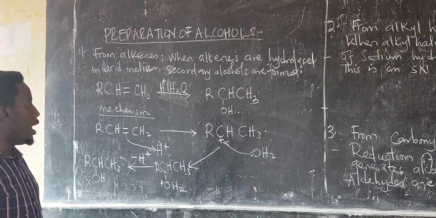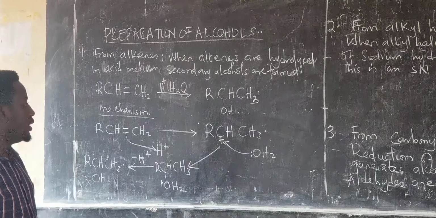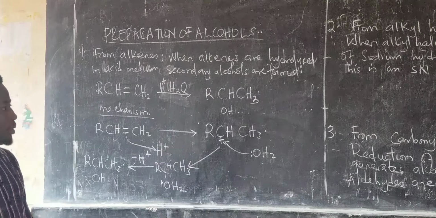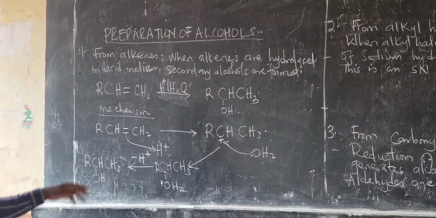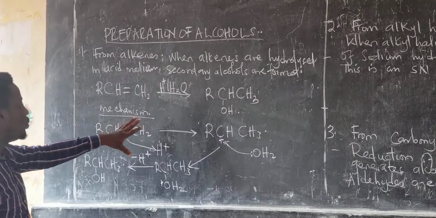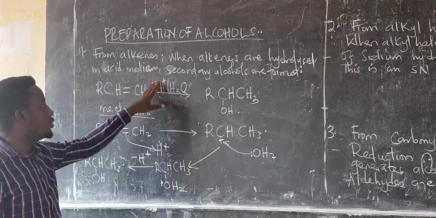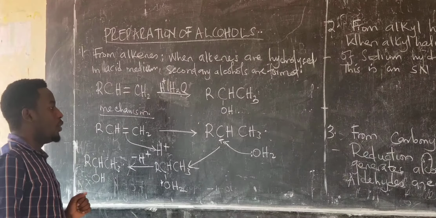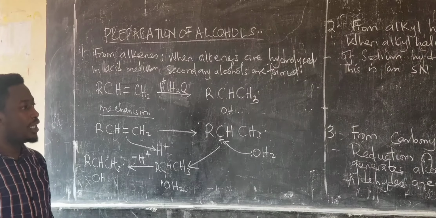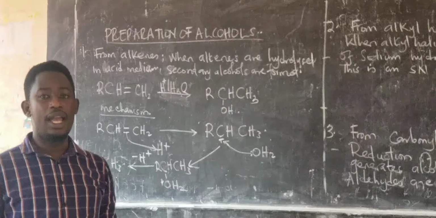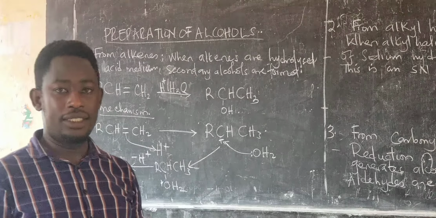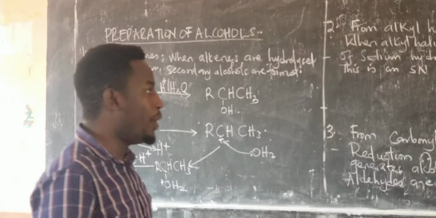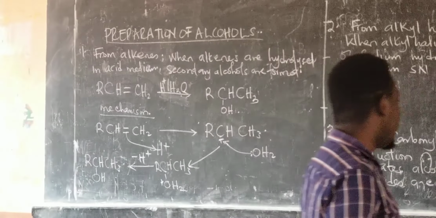Now, also, in some cases still here, they might give you concentrated sulfuric acid on these hydrogen ions. When you have concentrated sulfuric acid, then you will end up forming a sulfonic compound. I want to show you how that happens.